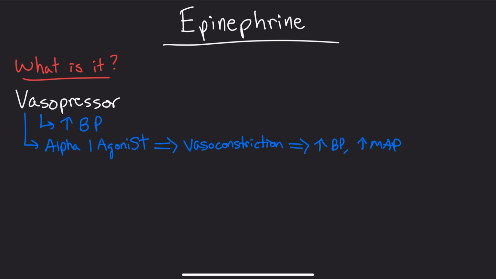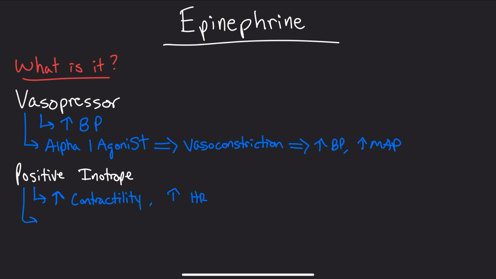Along with being a vasopressor, it also has some function as a positive inotrope. And what a positive inotrope does is cause an increase in contractility, so a harder squeeze and an increase in heart rate.